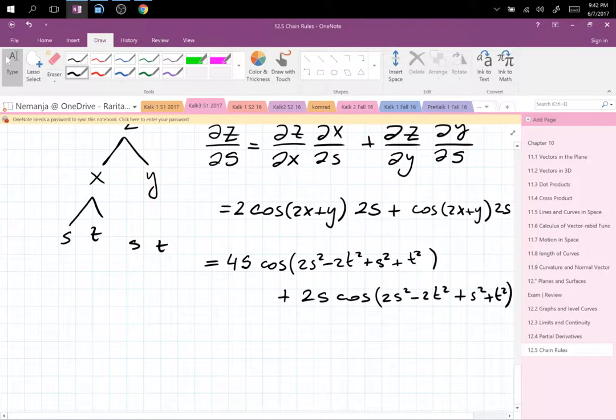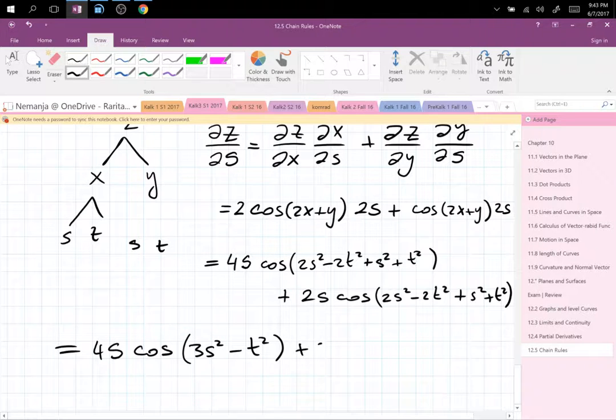Which is equal to 4s cosine 3s squared minus t squared plus 2s cosine of, again, 3s squared minus t squared.